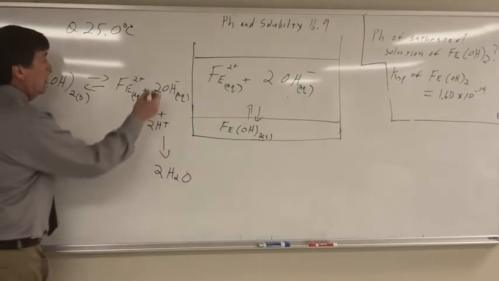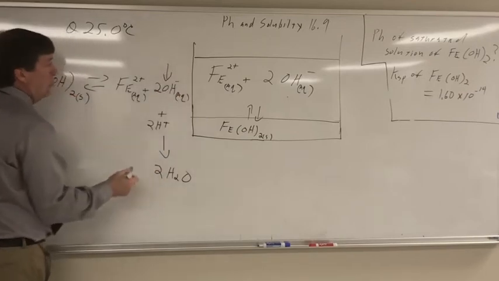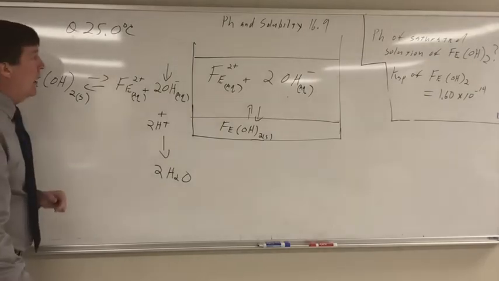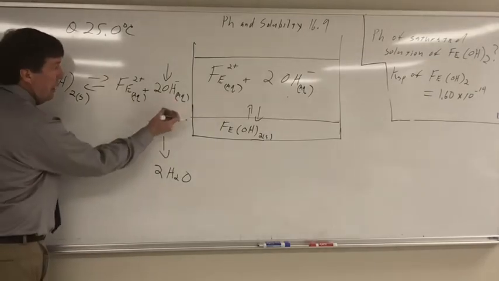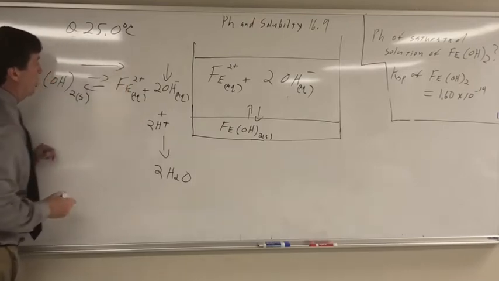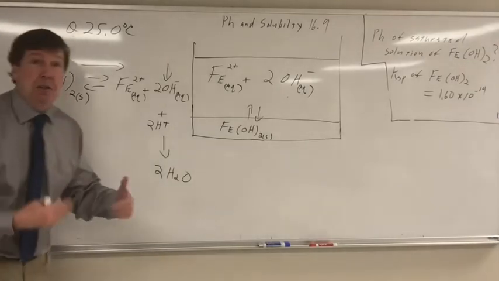So we've disrupted the equilibrium by reducing the OH minus concentration. Because of this stress on the equilibrium, we're going to shift to relieve the stress, and we're going to get more and more of this iron 2 hydroxide to dissolve.